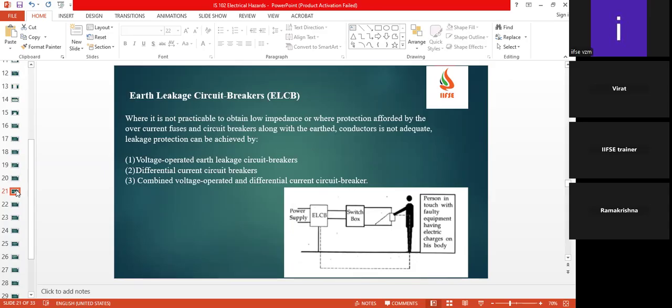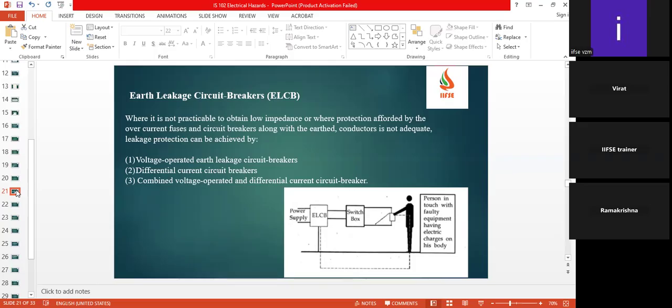When we say leakage, it may happen because of damage or insulation damage, and the power which we have supplied through the machine or equipment will go to the earth. Or sometimes if a person touches the same equipment, he also becomes part of the circuit. In case of such leakage, the return current will be reduced. The ELCB will detect that and cut off the supply.